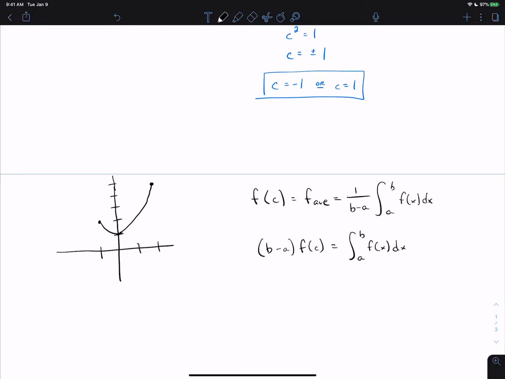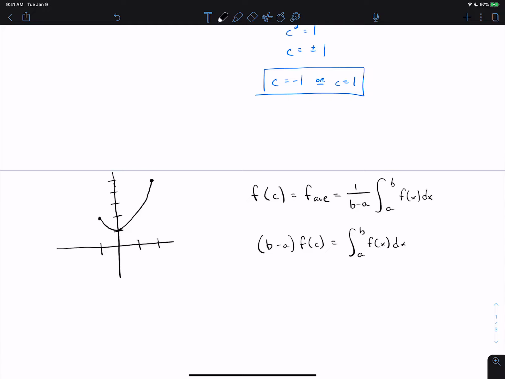That's just by taking the two outer parts of the equation I have on the top line there and multiplying by b minus a. So I would take the b minus a from the far right hand side and multiply it over and get b minus a times f of c is equal to that integral.